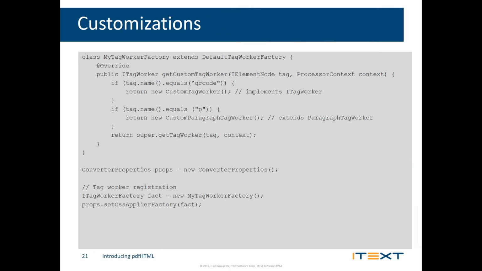This is the code required to register the QR code tag worker with pdfHTML. You have to define your own tag worker factory, but mostly you need to override the get custom tag worker method and make sure that if it encounters a tag called QR code, it returns your own custom QR code tag worker.